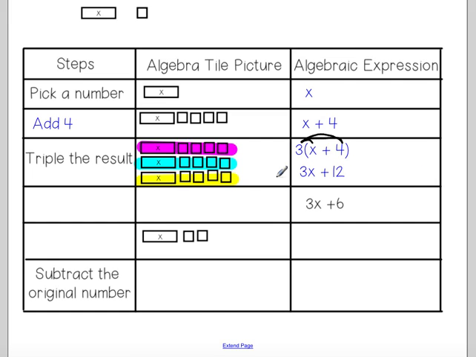All right, then we have just the algebraic expression, so we have to figure out how we went from 3x plus 12 to 3x plus 6. What did we do? Well, the x's stayed the same, so I can just take my 3x's and put them there. And then I still have 6 tiles.